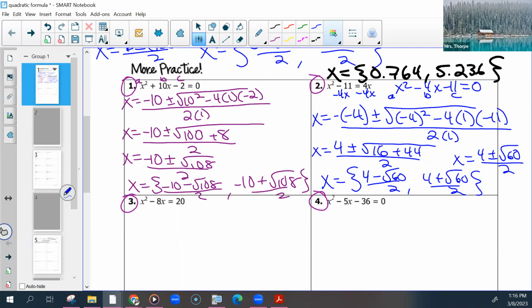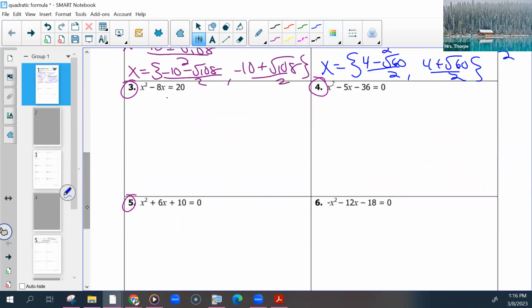What would we do for number 3 first? Move the 20 over by doing what? When we do that, that's gonna go last. X squared minus 8x minus 20 equals 0.